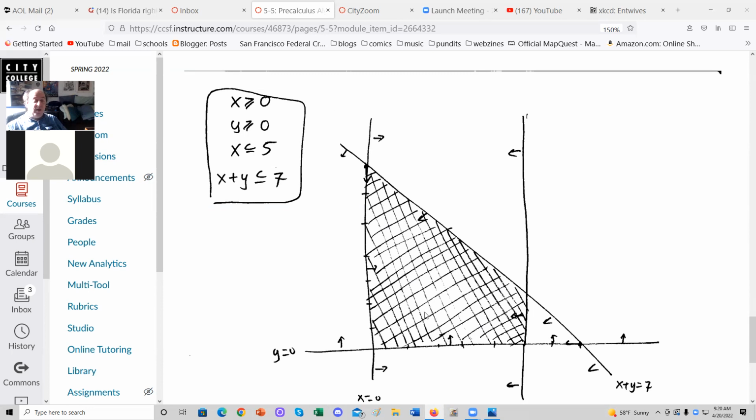It turns out that if the objective function being maximized is a linear function, and the constraints are all linear, then the maximum and the minimum occur at one of the corner points. So in linear programming, you start with an objective function and these constraints. You graph the constraints, find the corners of the feasible set, and evaluate the objective function at those corners, and the maximum of that is the maximum profit.